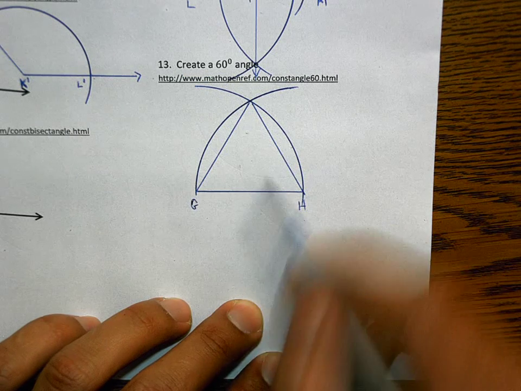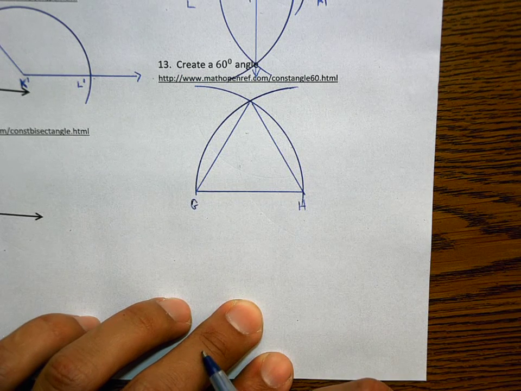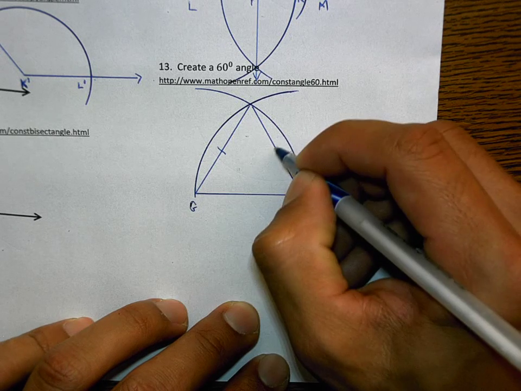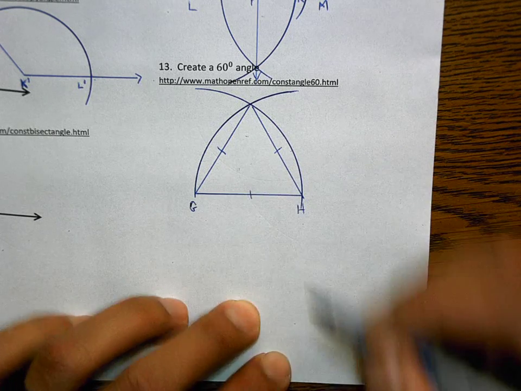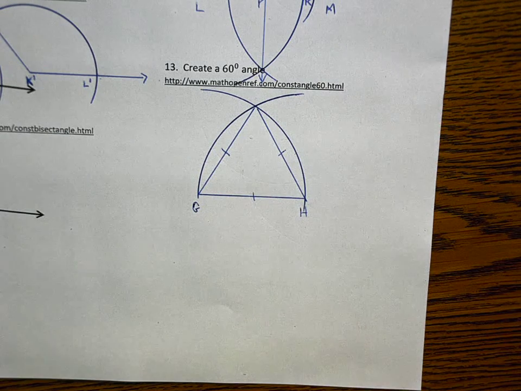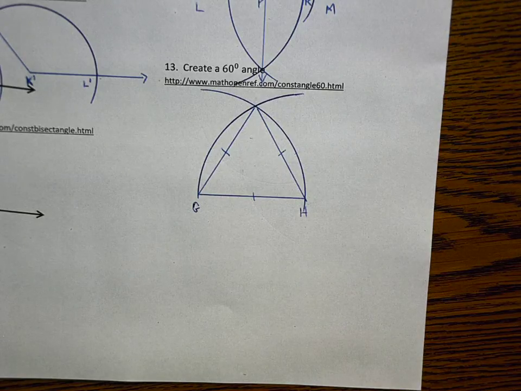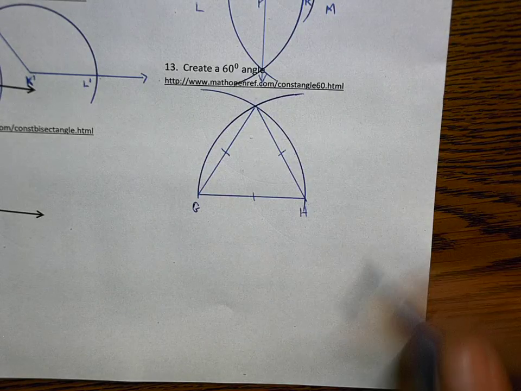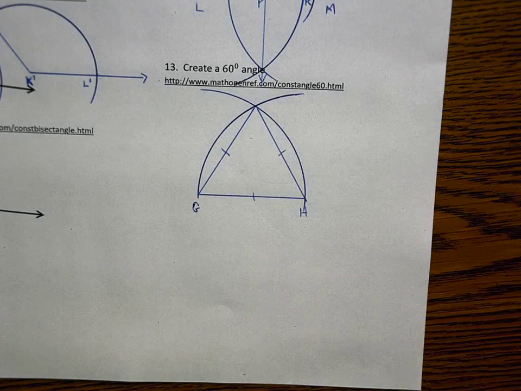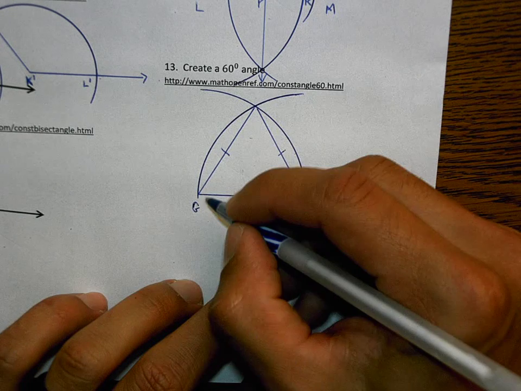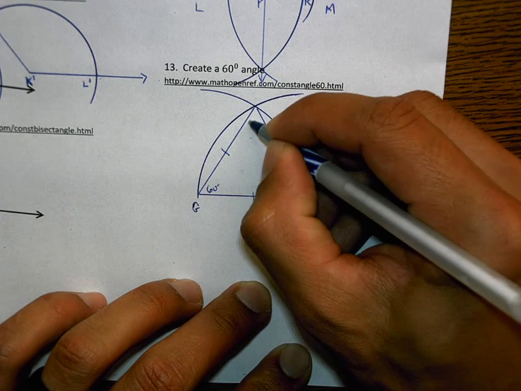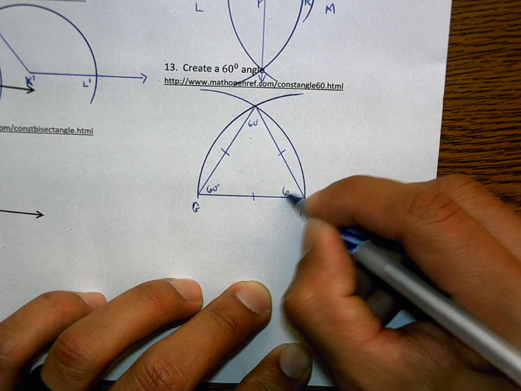All three sides are the same. This is congruent to this is congruent to this is congruent. Since all three sides are the same, that means all three angles are the same. And it's a triangle, they add up to 180. 180 divided by 3 is 60 degrees, 60 degrees, 60 degrees.